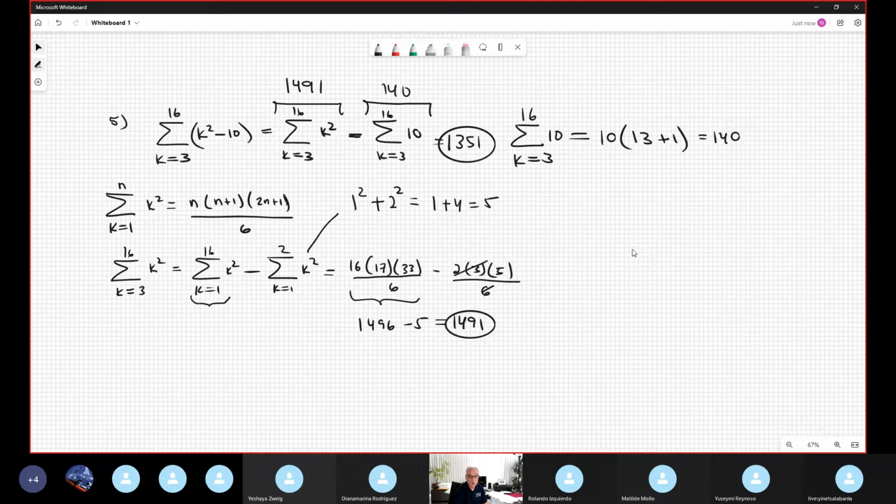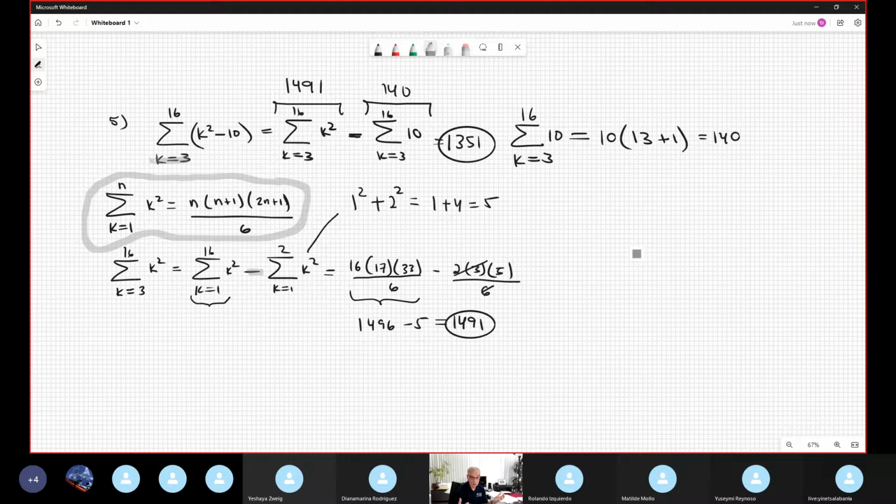Okay, number 1, we are using a different formula, because my problem is the summation of k squared, not k. Secondly, unfortunately, the limit is not 1, it's 3. So you need to decrease by subtracting. So you split the summation from 3 to 16 into 2 summations: from 1 to 16, where I have a formula, and from 1 to 2.